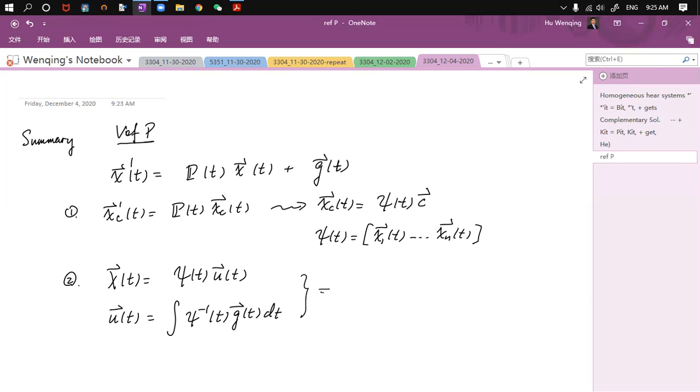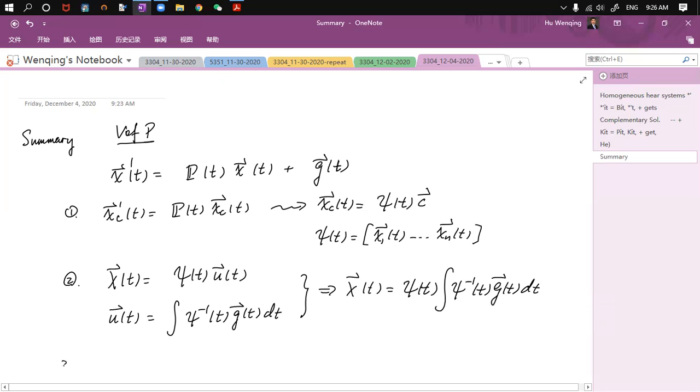If you combine these two formulas, the particular solution takes the form of the fundamental matrix times the integral of the inverse fundamental matrix multiplied by g of t dt. So finally, we reach the formula for the general solution.